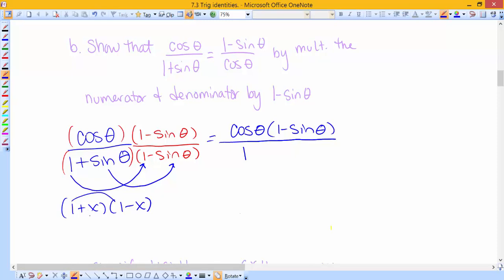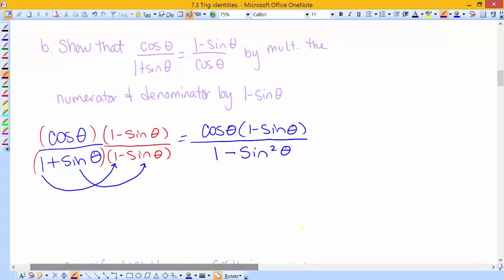So 1 times 1, x times x. X times x is x squared. So sine times sine is negative sine squared. So this is actually almost done. I have a 1 minus sine squared.